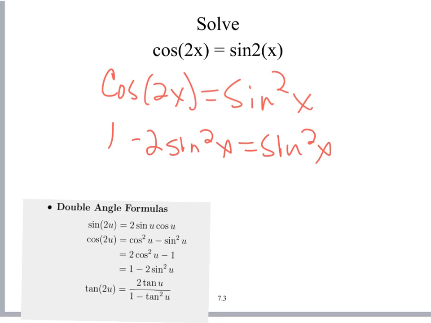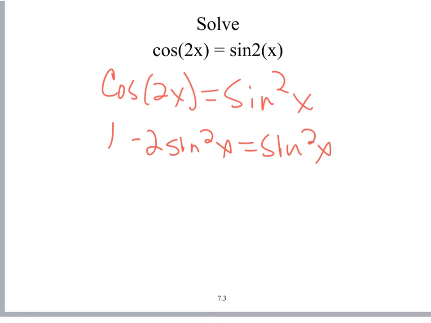So let's see, how do we solve this one? Well, I see it's kind of like a quadratic. I'm going to add 2 sine squared x to both sides. So that'll give me 3 sine squared x. I'll divide by 3.